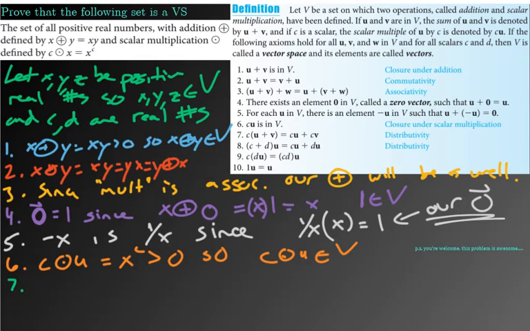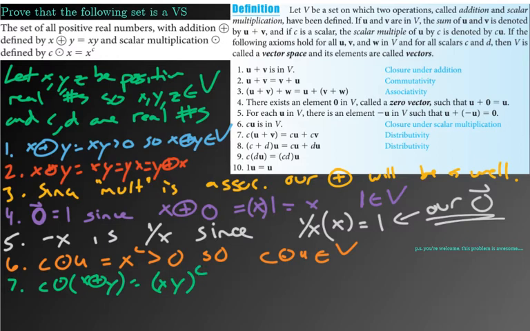For 7, c times x plus y would be equal to x times y raised to the c.